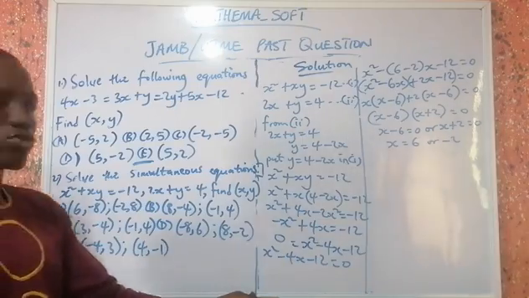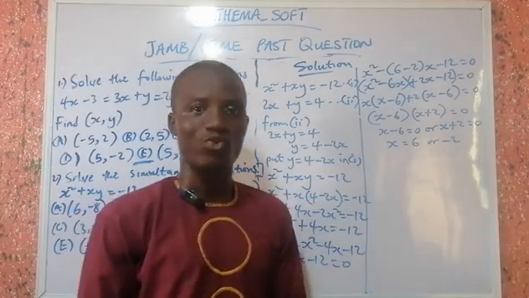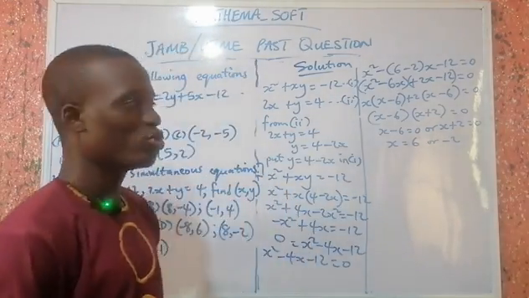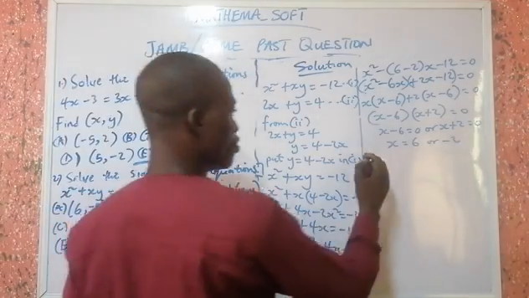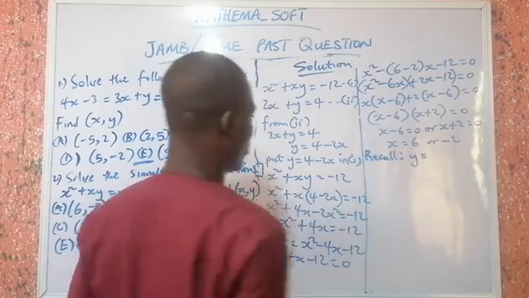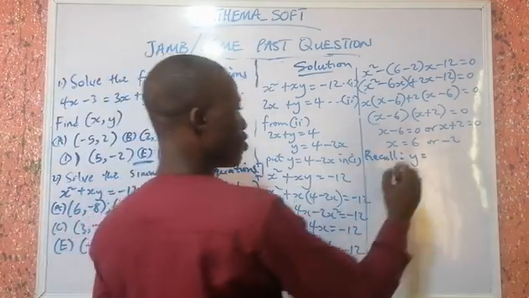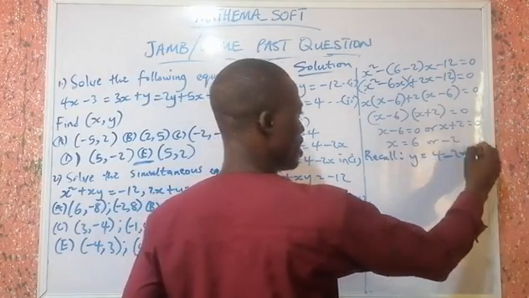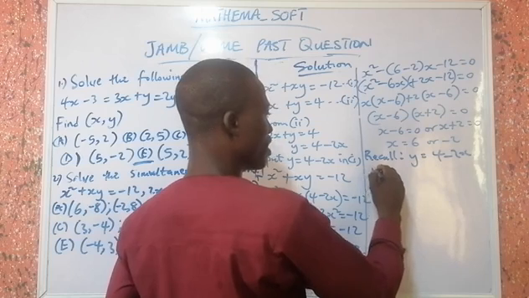But these two values you have here are just the values of x. So you must find the values of y also. So you recall that you have an equation for your y, which is y equals 4 minus 2x. So you begin one after the other.